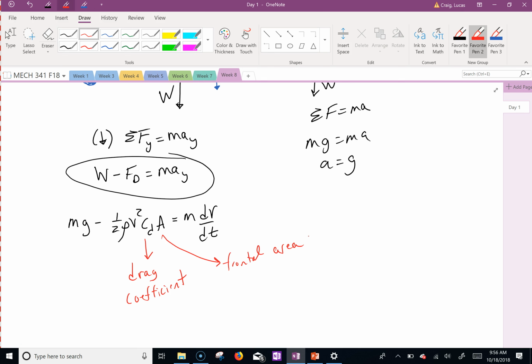What would we solve for in the equation boxed in red? V. We're solving for V as a function of time. So what is that called? A whole class is dedicated to it. A differential equation. This is a differential equation.